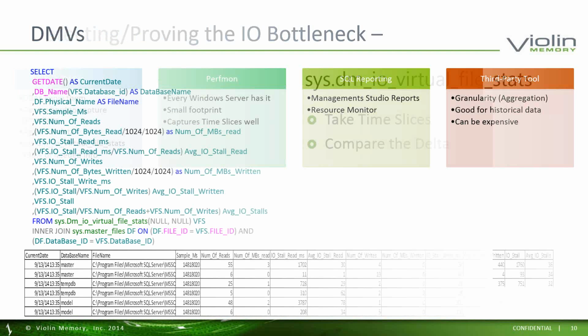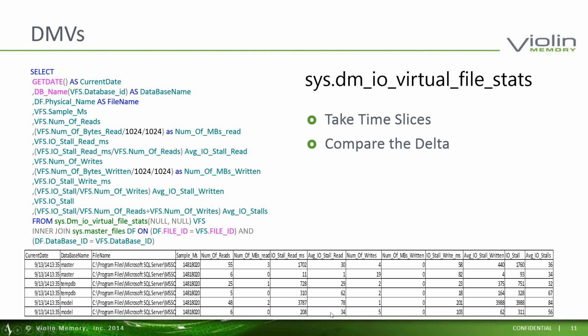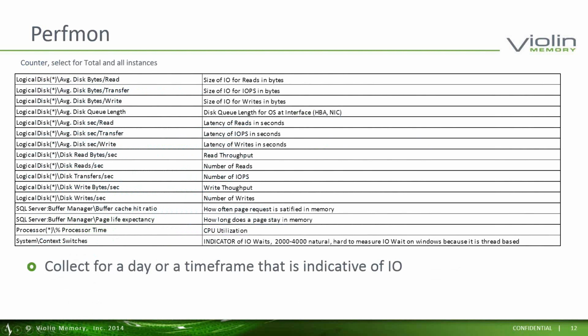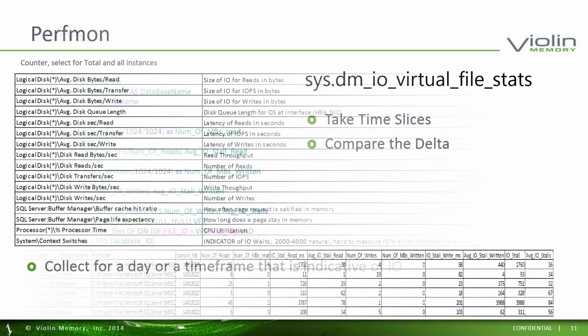I took something just from my laptop, but the things you really want to focus on for the drives is the average I/O stall. Oops, sorry, clicked on the wrong button. It's the average I/O stalls for reads and writes. That'll tell you what you're seeing per I/O. Anything above, I would say, 10 milliseconds is problematic. I'll get to that in a minute.